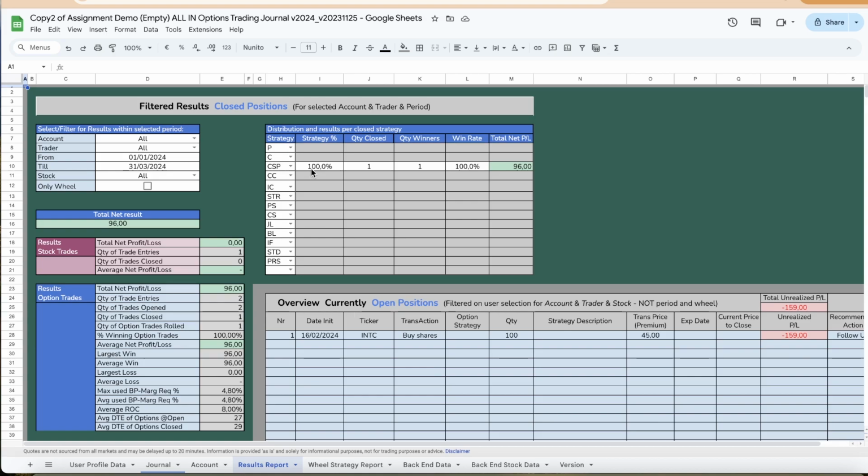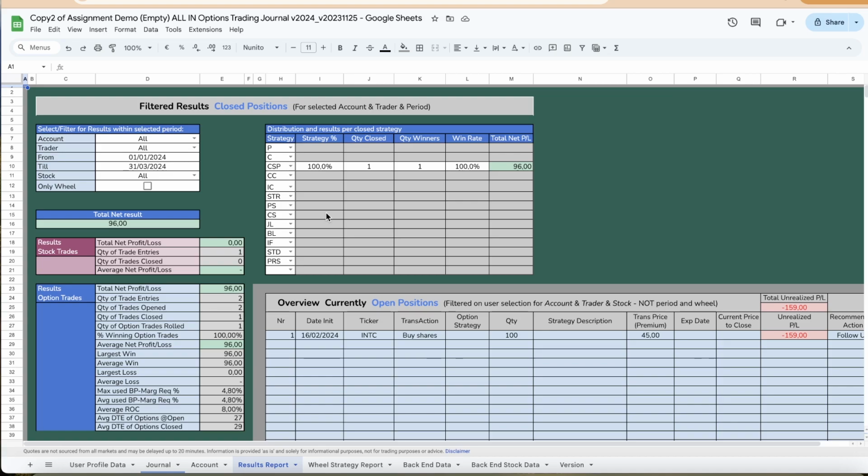You could say, okay, I have closed 2 cash secured puts, but in this case you decided to only consider the first one because the second one was like a losing position. So these are the 2 possibilities for how you can enter an assignment into the spreadsheet. For the moment I prefer the first option, where I close the position with a buy to close action, showing the positive P&L that I got on the cash secured put.